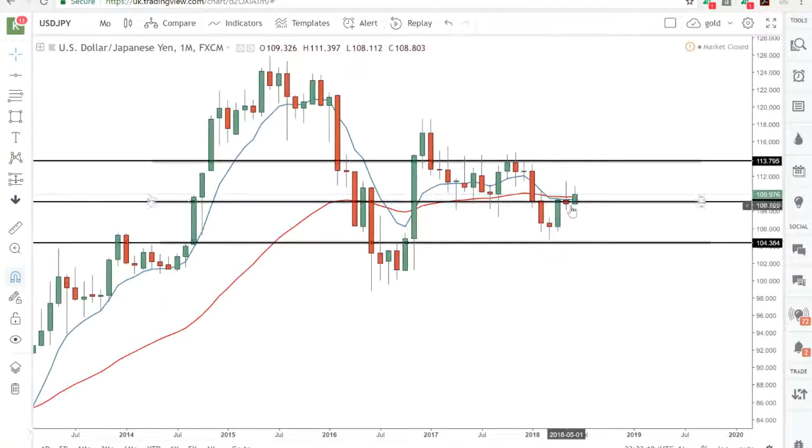Last month did try and spike up, did try and move through this to carry on the bullish engulfing created in April. However, this rejected to close below the moving averages, which are still towards the downside.